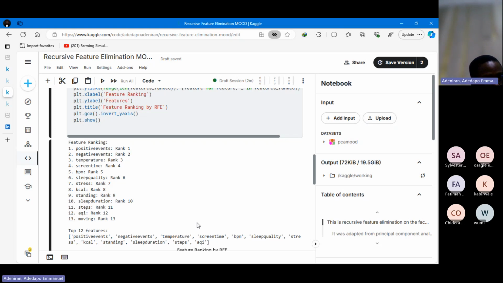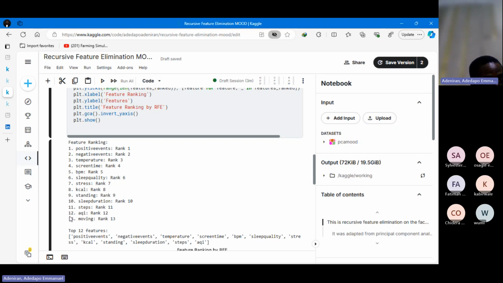So this will continue as we remove features. Obviously moving here is ranked 13. That means that when we removed moving, our model performed the best, meaning that it is the least needed feature in our data sets for our model prediction.